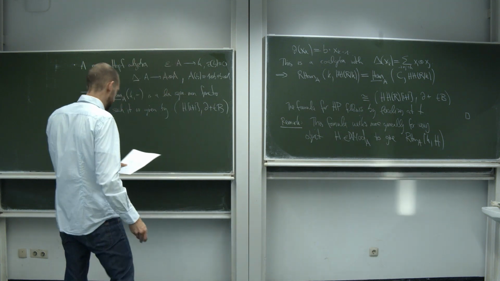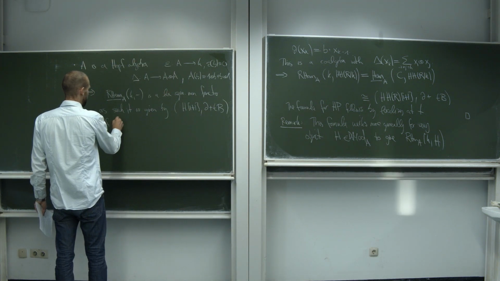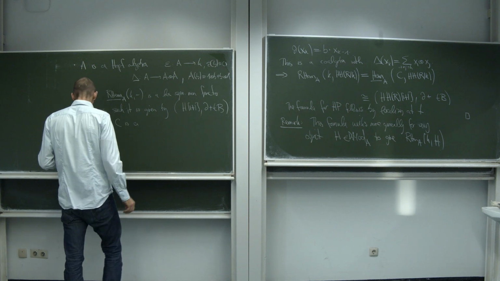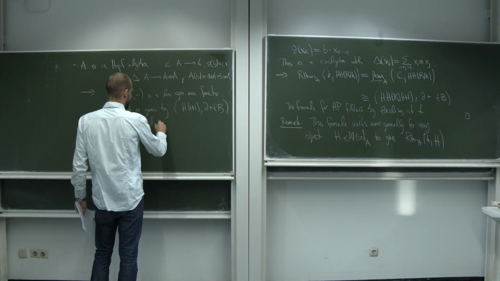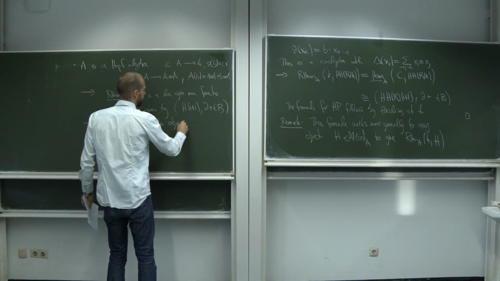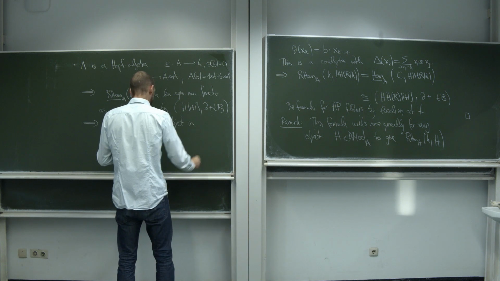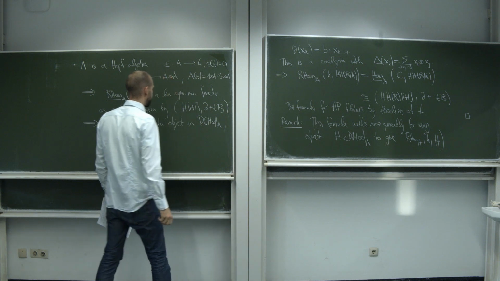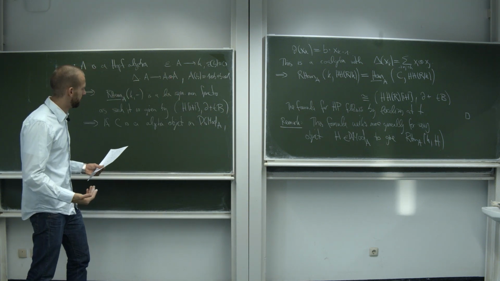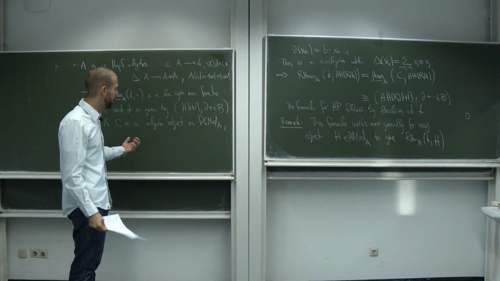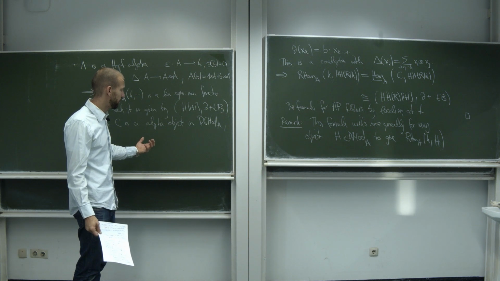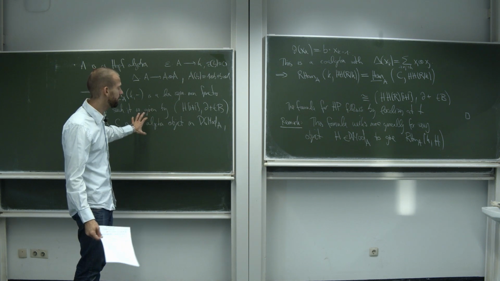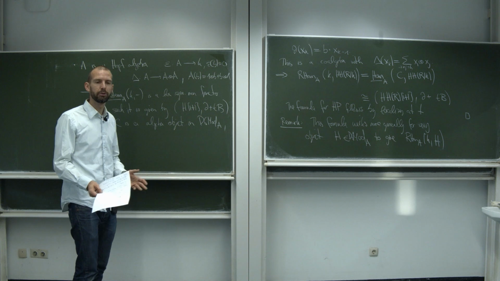This in particular means that if C is an algebra object in DG mod A, then, I admit that I'm always confused about these things.